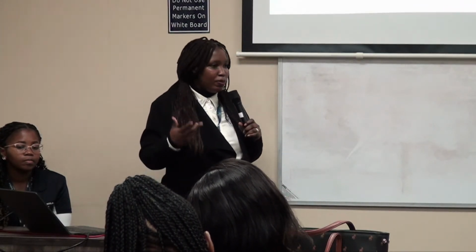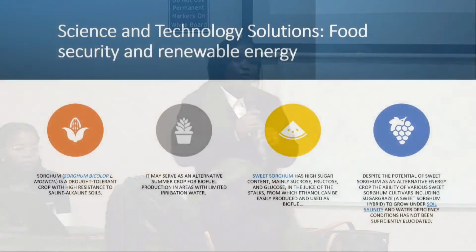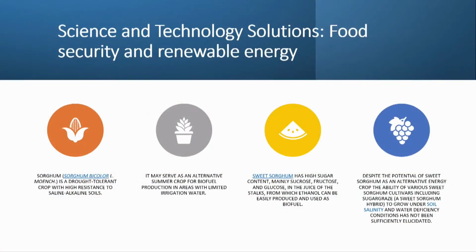And one such plant that is able to withstand abiotic stresses, such as salinity as well as drought, is known as sorghum. If you grew up in South Africa, you will know sorghum. We use it to make umqombothi, or also to make hot porridge in the morning.